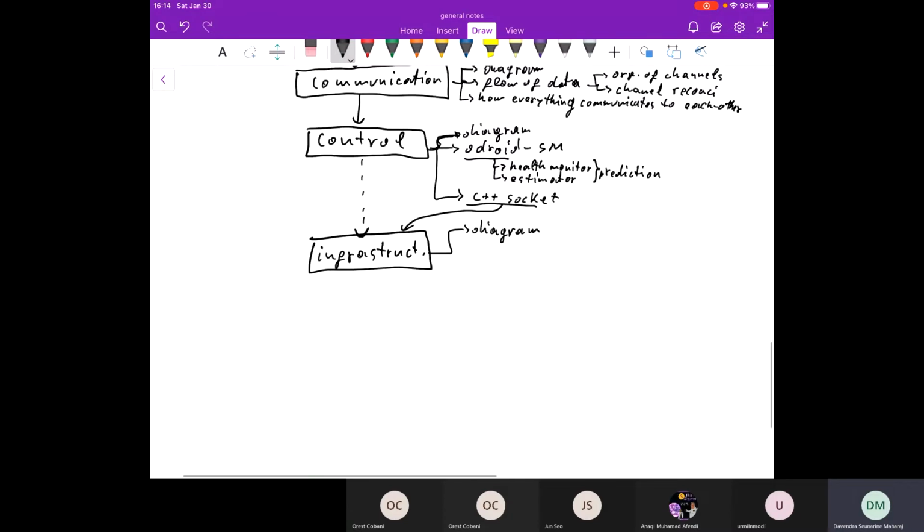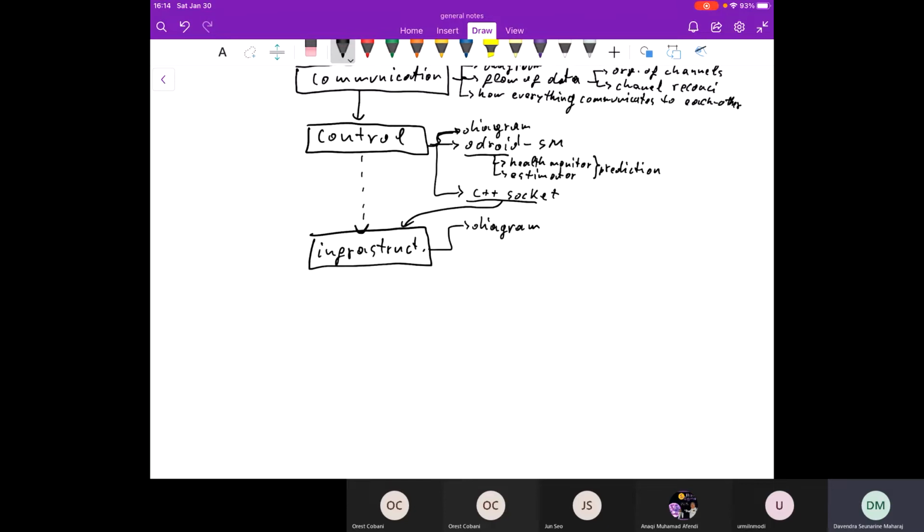After control takes all of the data and bundles it into a package, it sends it through that socket, or tunnel, to the infrastructure. The infrastructure takes that. We have a diagram of course, and it's divided into the backend and the front end module.